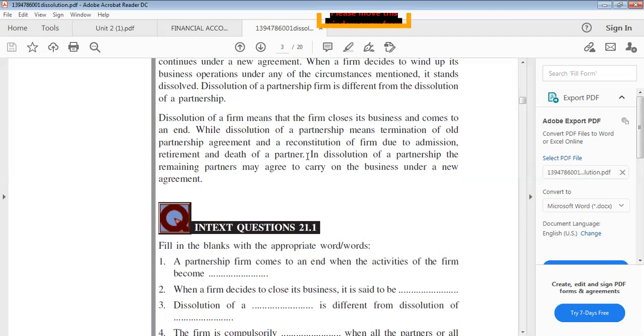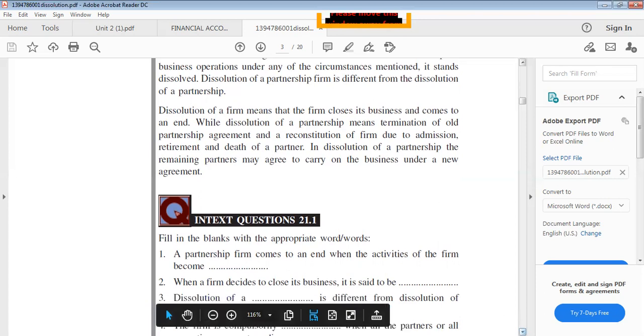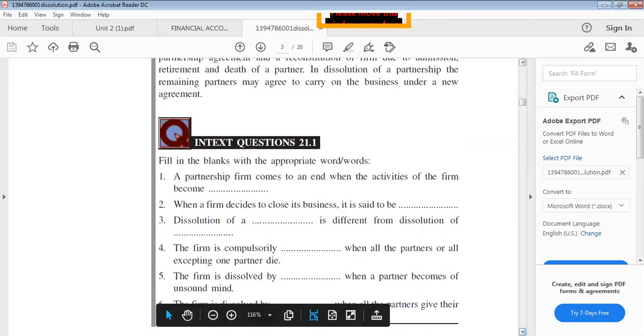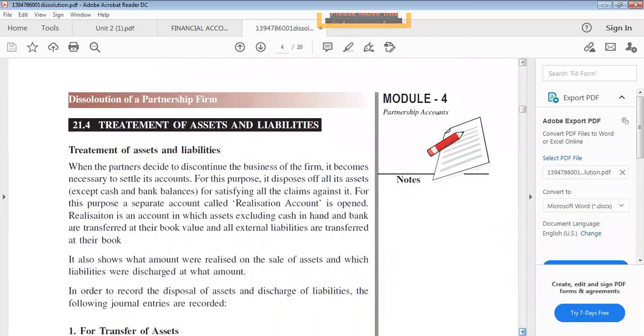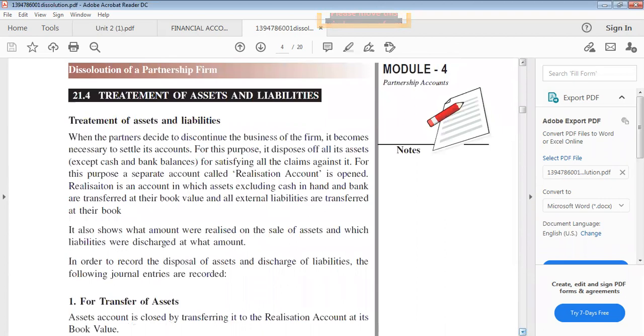In dissolution of a partnership, the remaining partners may agree to carry out the business under a new agreement. So we'll look at the treatment of assets and liabilities under the dissolution of a partnership firm.